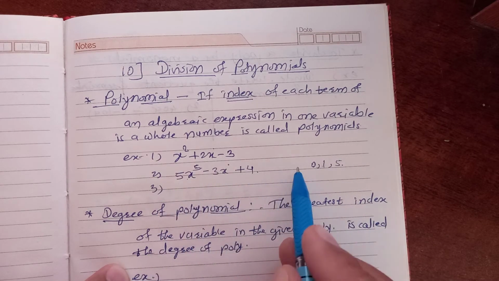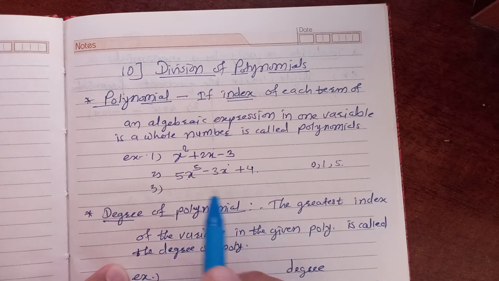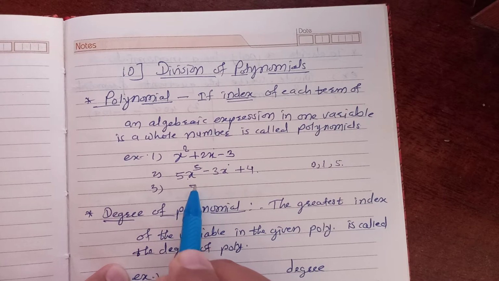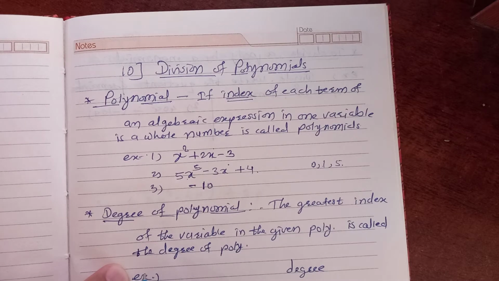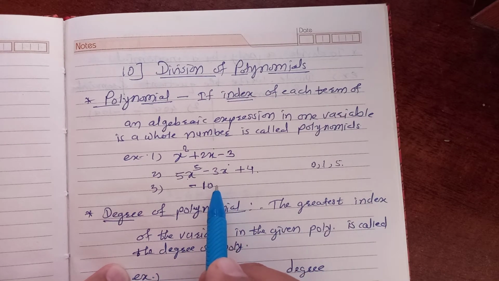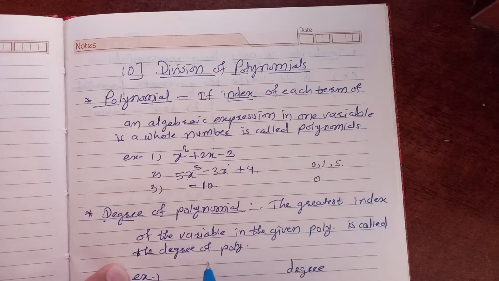If such numbers come, then that is a polynomial. My question: suppose I have written minus 10. Can we say this is a polynomial? Yes, because here no variable means the power is 0, and 0 is a whole number, so this is also known as a polynomial.